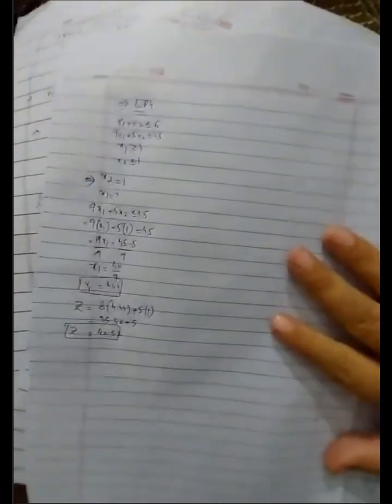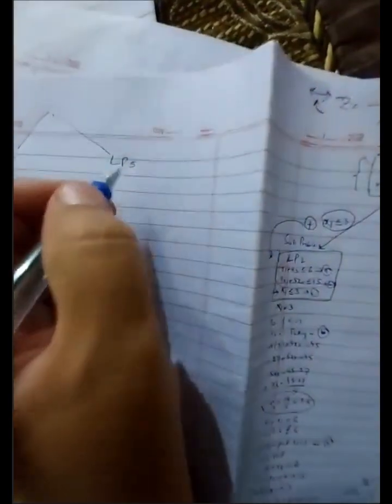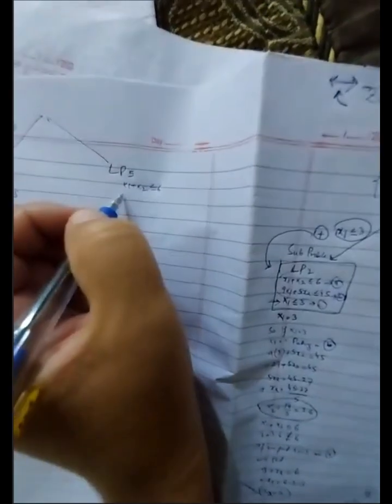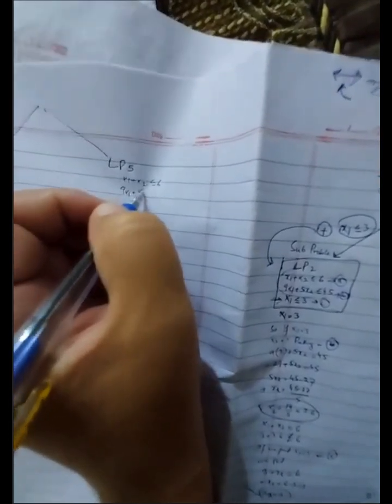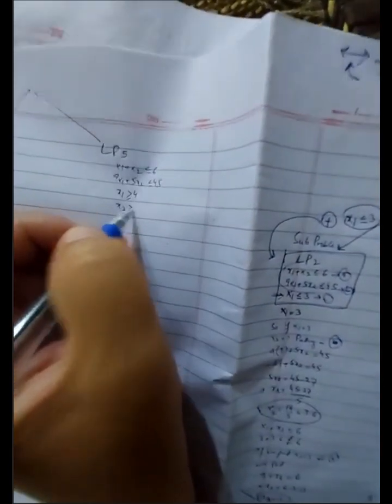Now let's explore the LP5 and then come to the LP4 again and see if LP5 gives us some competent solution. Now doing it for LP5, here we have x1 plus x2 less than or equal to 6, 9x1 plus 5x2 less than or equal to 45, x1 is greater than or equal to 4, and x2 is greater than or equal to 2.